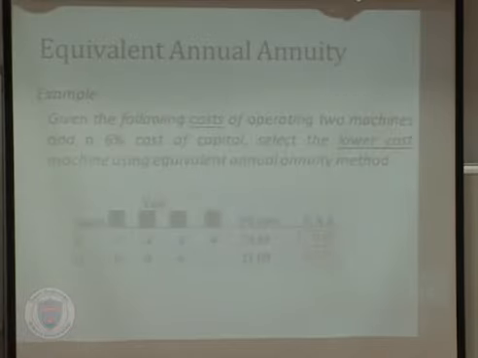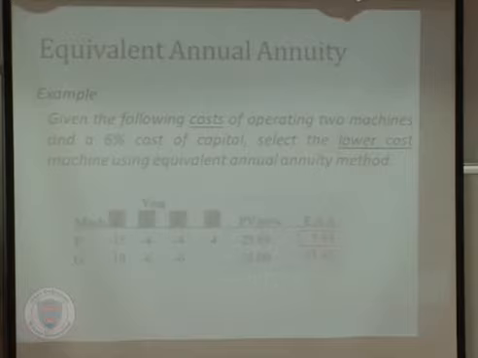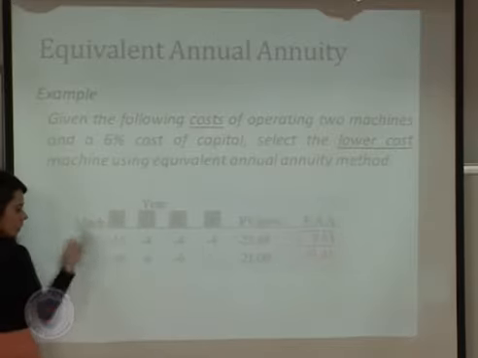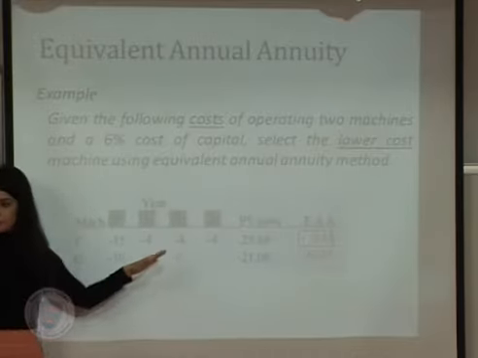Okay. Suppose that you have two machines, okay? You have machine F or machine G. And you're trying to decide which machine to buy. If you buy machine F, you're paying 15 liras, $15,000, whatever. And then every year, annual maintenance costs are 4, 4, 4.